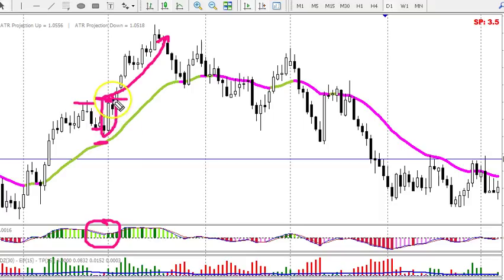You see, this is kind of a breakout of the previous swing high, which I talked about. So a conservative trader waits for confirmation or a breakout trade.